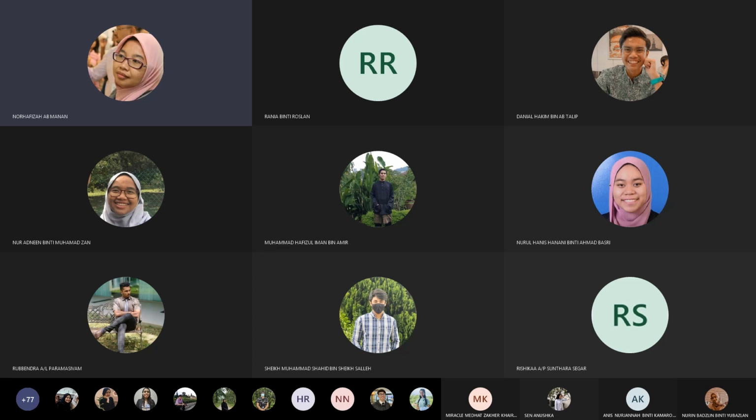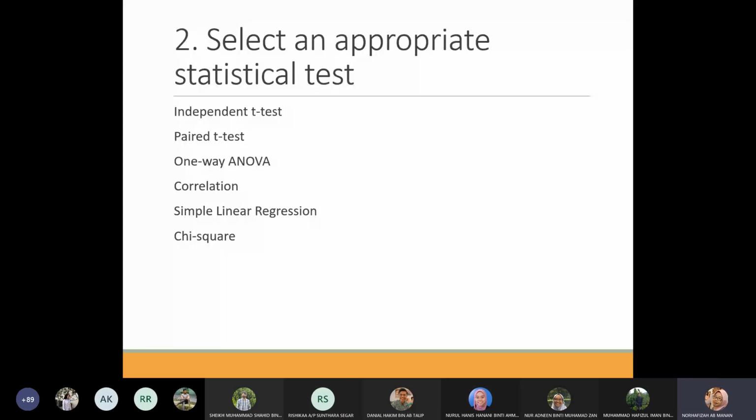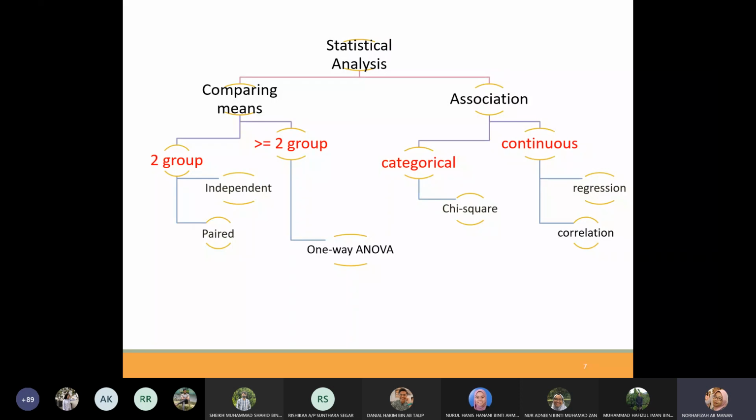Maybe I can continue a bit on this one, only a summary for you of statistical analysis. If you want to compare means and you have two groups, you can do an independent or paired t-test. Two groups here can be pre and post: one group pre, one group post, so you can use a paired t-test.